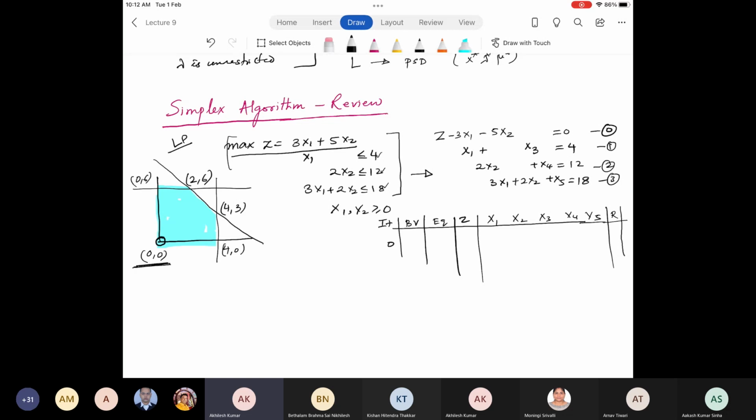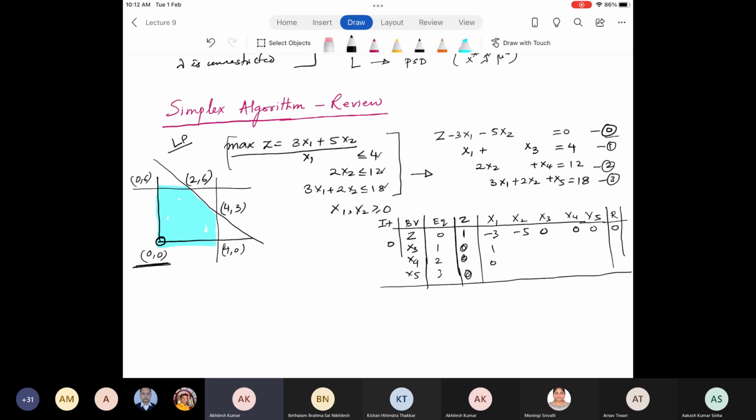So we can start with x1 and x2 as non-basic variables, and in that case we will get x3, x4, and x5 as basic variables. Equation 0, 1, 2, 3. This is for the g equation, the 0th equation which I have written. So we keep it separate, and then for the rest of the equations we put -3 from the 0th equation, -5, 0, 0, 0, and 0.